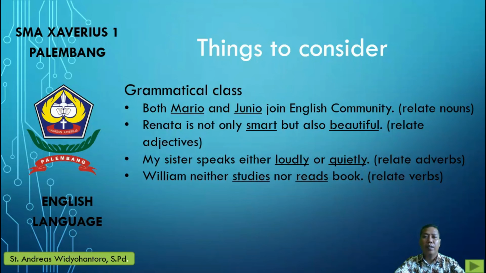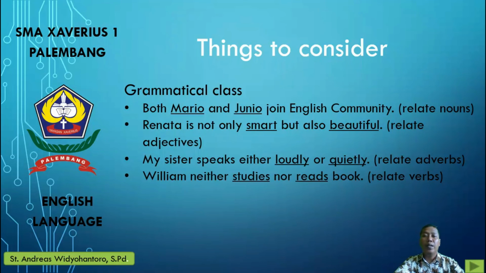After that, we are going to consider the grammatical class. You have to remember parts of speech. For example, both Mario and Junio join the English community. Here, the conjunction must relate two items of the same class of parts of speech. They are nouns, Mario and Junio.